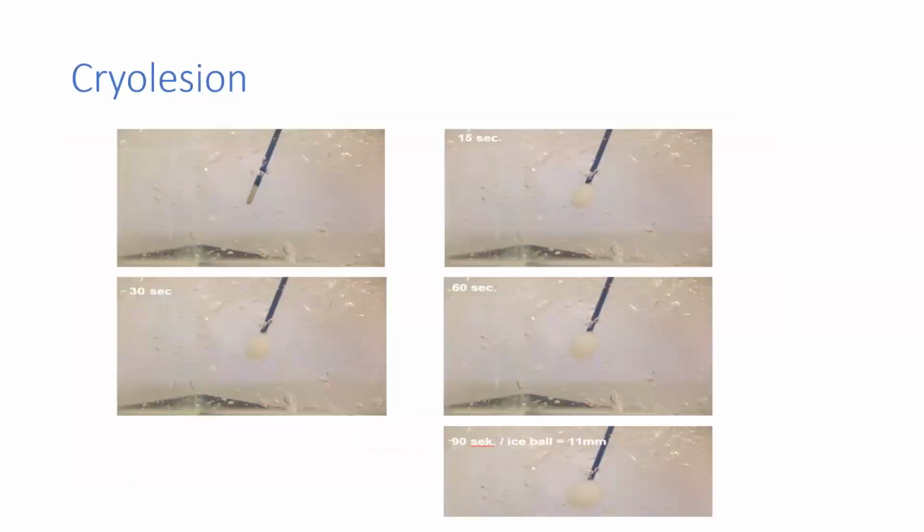And when we see the cryolesion, what we call the ice ball, after 90 seconds, the size of the ice ball depends on different factors, but at the end it can reach up to even 14 millimeters, depending on the size of the probe and the active tip of the probe, how it looks.